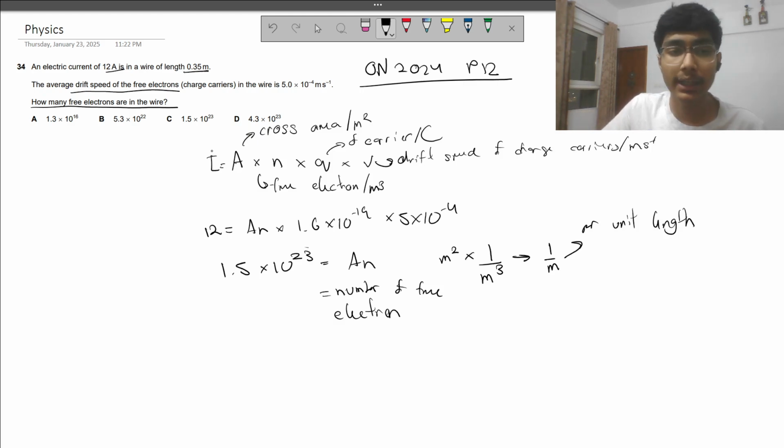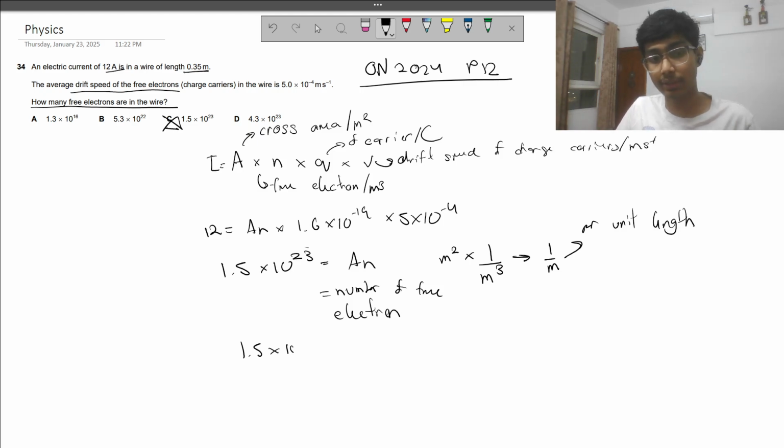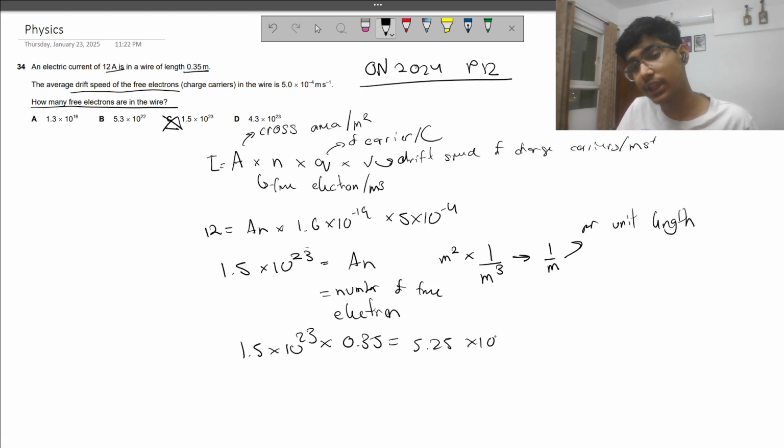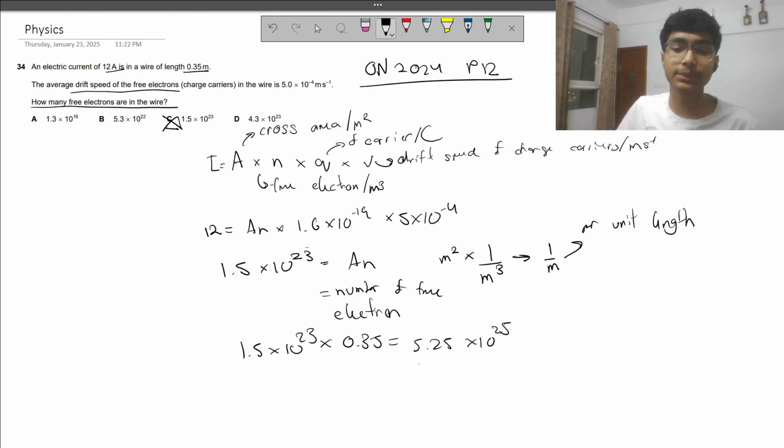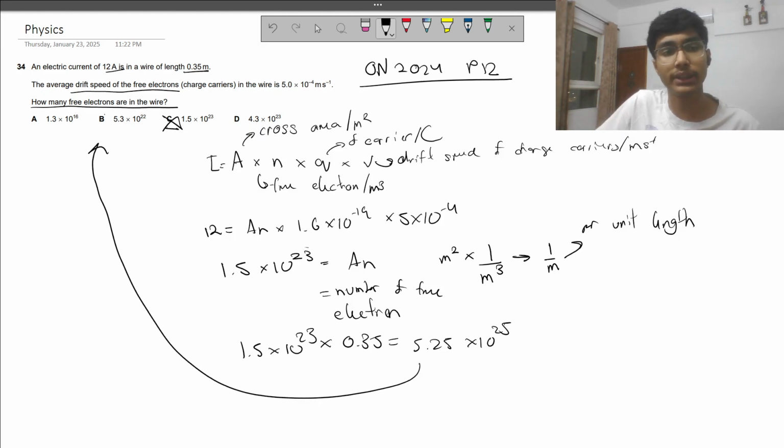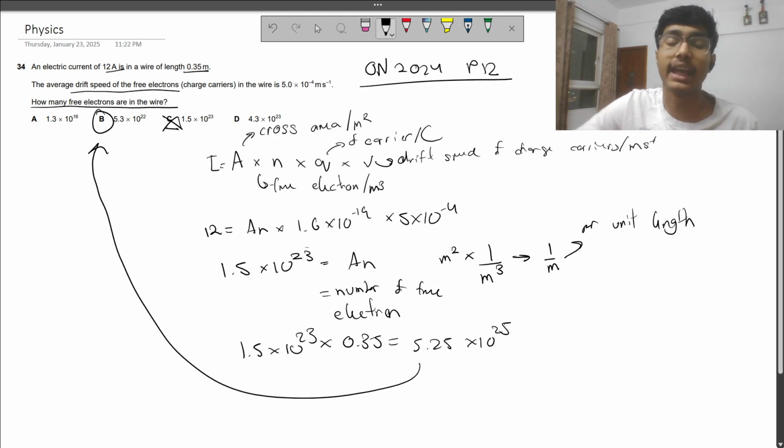Now, some people might choose C over here, but this would be an incorrect trap option, right? What we also need to do after this is times it by 0.35. So if I do 1.5 times 10 to the 23 times 0.35, we get 5.25 times 10 to the power 25, and this basically rounds up to option B, which will be our correct answer over here.